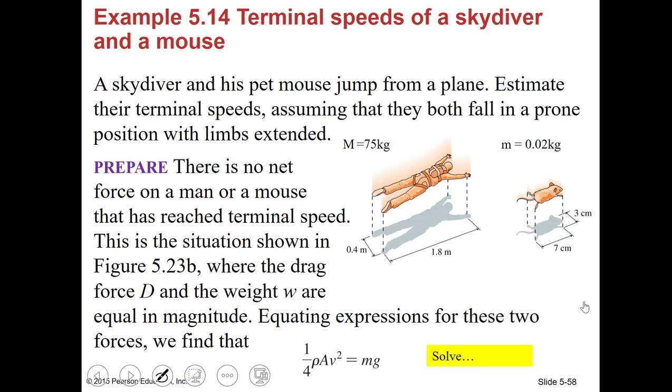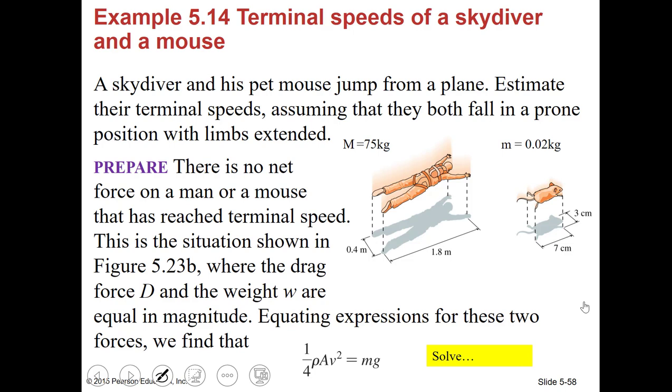Okay, we can take a look at this example. A skydiver and his pet mouse jump from a plane. Estimate their terminal speeds, assuming that both fall in the prone position, with limbs extended. So there's no net force once you reach terminal velocity. You were speeding up and speeding up, and the drag force became bigger and bigger until you get to the point where those are actually equal to each other.